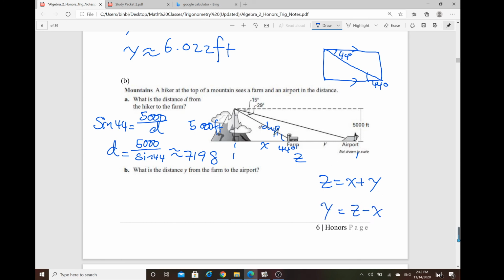So let's find out what x is first. Okay, so what x is right here. In order to get x, we're using tangent. So tangent of 44 degrees equals 5,000 divided by x.